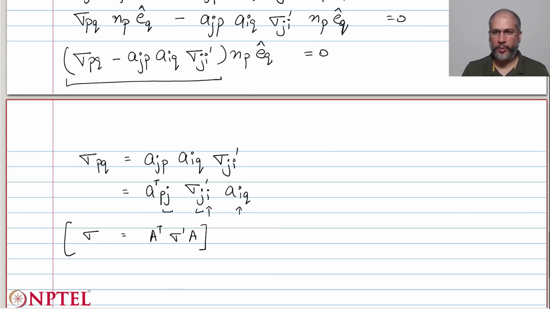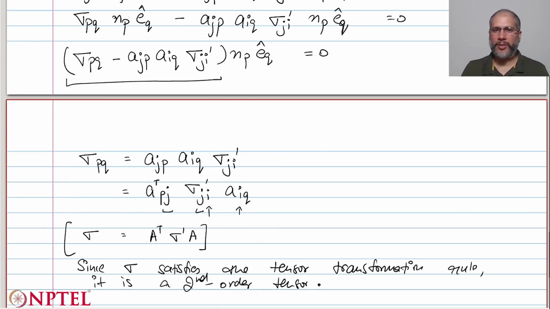So this proves the fact that the quantity sigma that was defined using the Cauchy stress formula is indeed a second order tensor. So this completes our discussion on showing the fact that sigma is a tensor. So now we can confidently use the statement that this is a stress tensor.